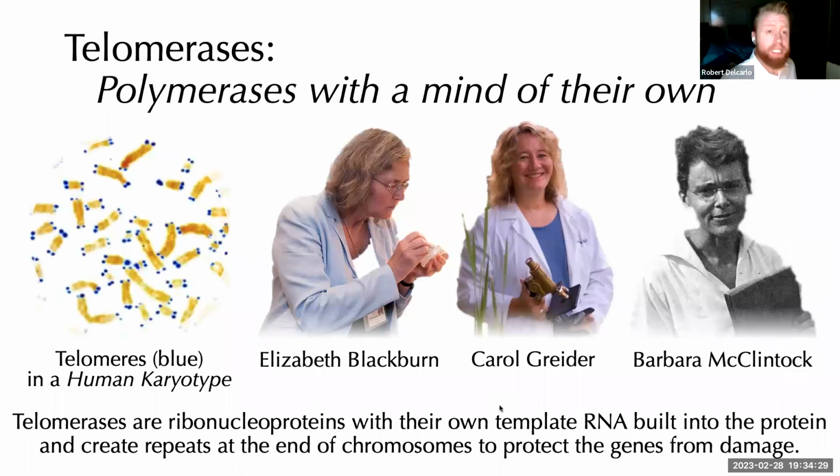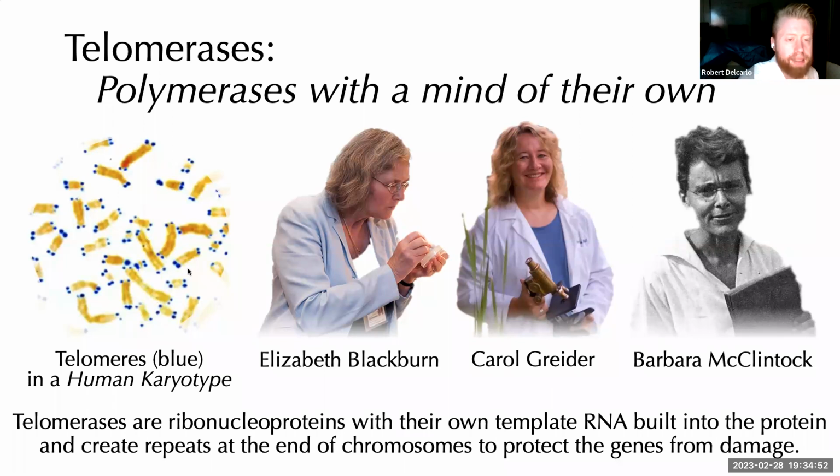Now, let's talk about a specific polymerase with kind of a mind of its own. Telomerases are a kind of polymerase that don't need their own template because they have it built into them. That's very interesting, and it's very helpful for our genetics. We've got a picture here of chromosomes in yellow, and their ends are in blue.